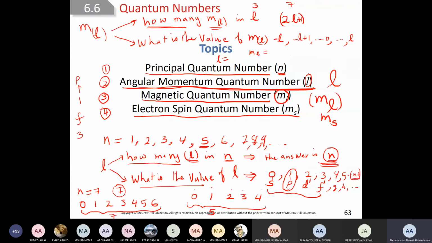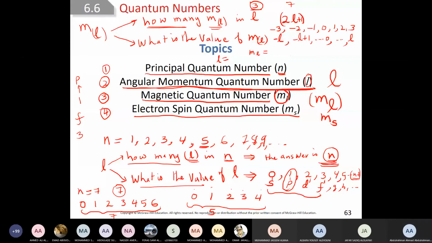Now, next, what are the values? You start from minus L. Minus 3, minus 2, minus 1, 0, 1, 2, and 3.